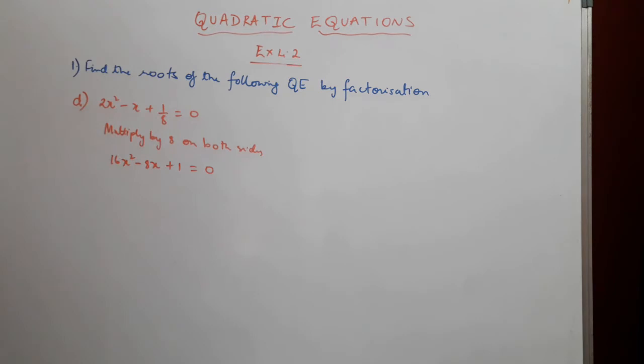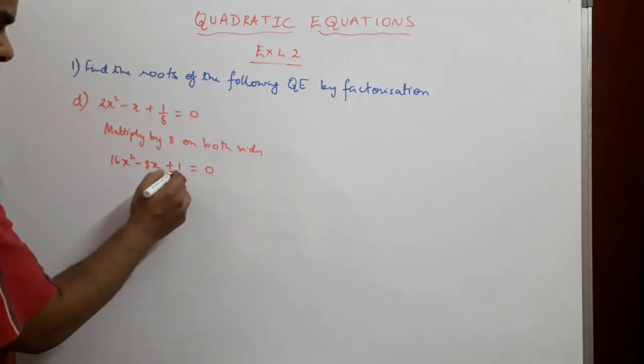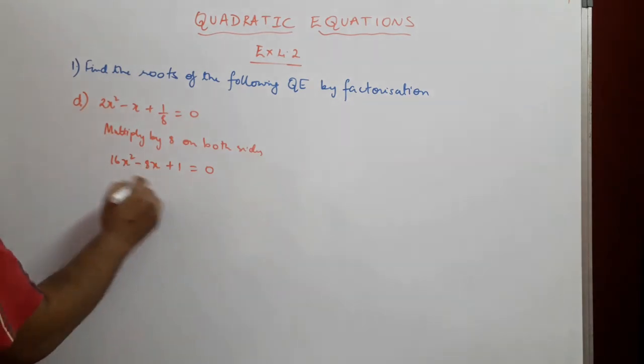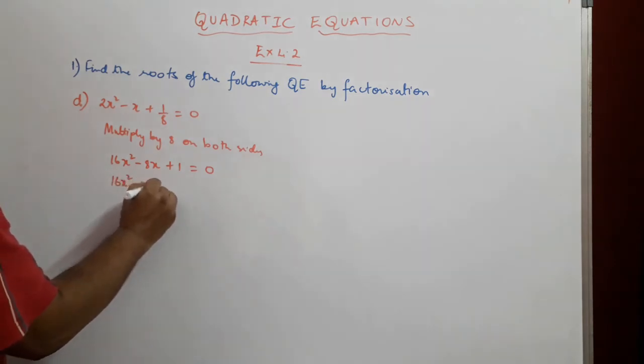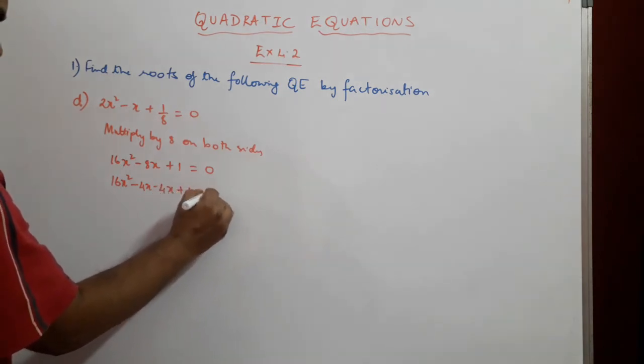Now we need to split the middle term. Since the negative sign is in between and positive at the end, we can easily make out that the two middle terms are both negative. We can say 16x square minus 4x minus 4x plus 1 equal to 0.